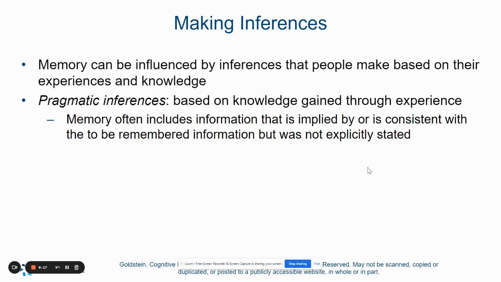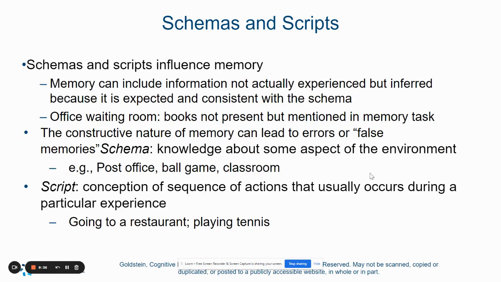Our memory can be influenced by inferences that people make based on their own experiences, and they didn't really happen. We have pragmatic inferences, which are based on knowledge gained through experience, and this involves information that is implied by or is consistent with what is to be remembered but not explicitly stated.